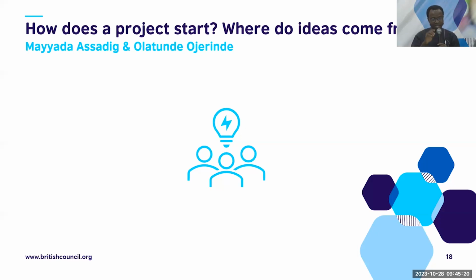And as we said, that is the whole idea of research. It's meant to be a cycle, it's meant to renew ideas, to improve our situation in the classroom. So basically, I will say that where or how does a project start? It starts from your personal observation as a teacher in your class. Now, what do you observe?